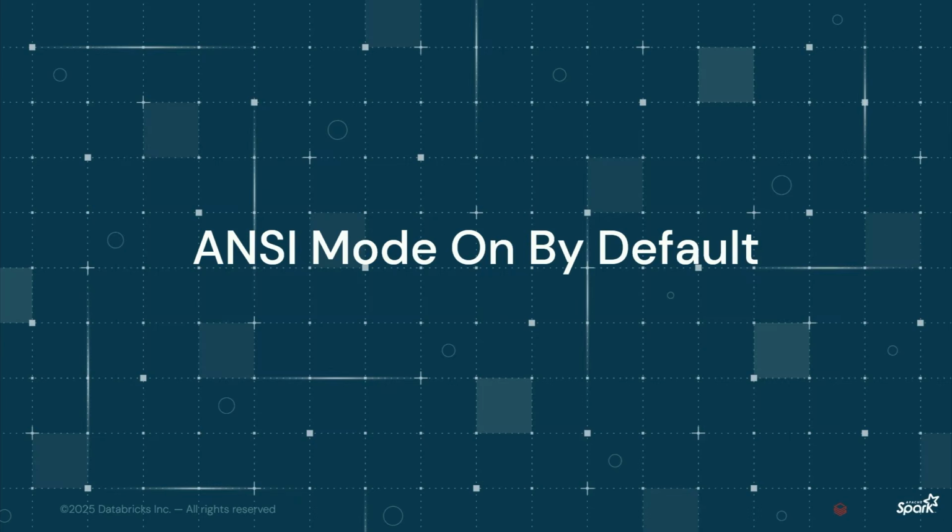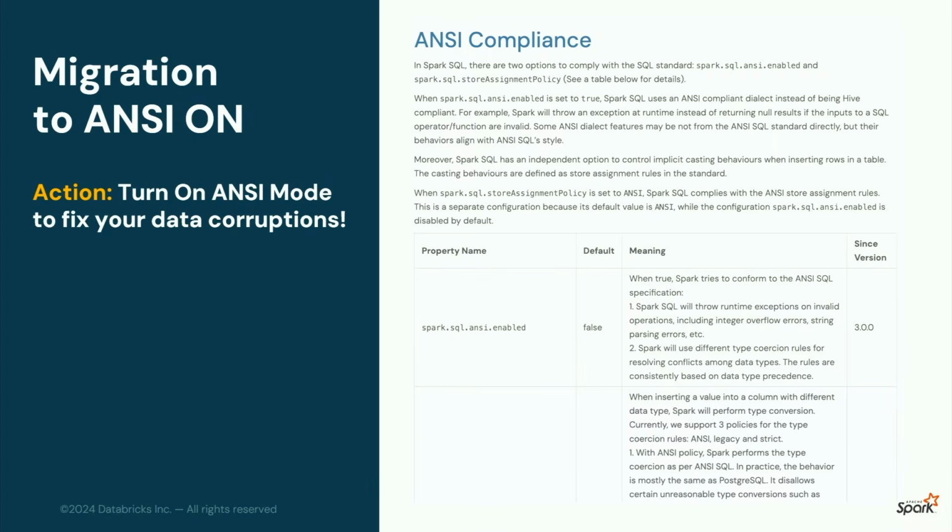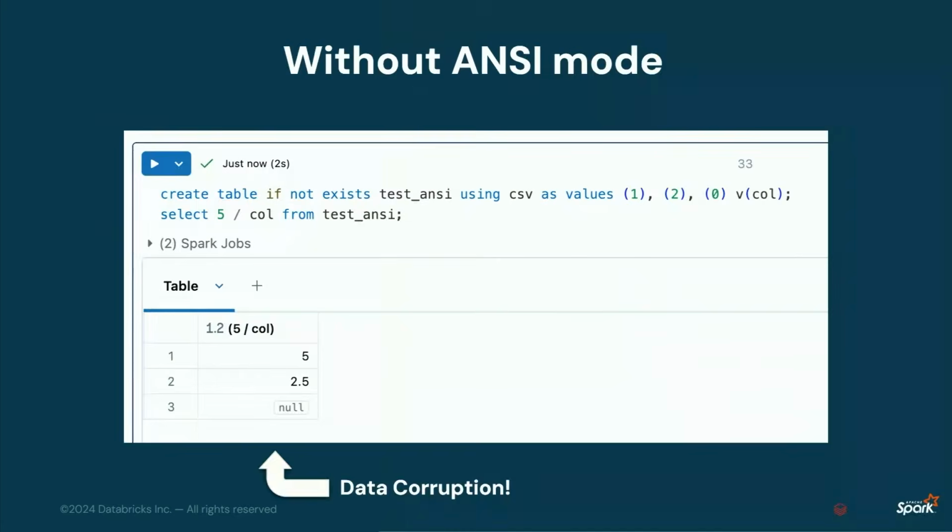Cool. Okay, ANSI mode is now on by default. This has taken several Spark versions to get here, but it's now the default, so this will keep your data consistent and correct, right? For example, if you do a division by 0 without ANSI mode, you get null, and it may happen in the middle of your 3-hour job, and you just don't know, and that's bad because the data is incorrect.